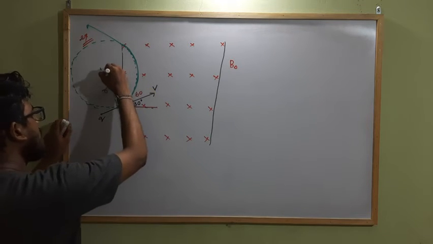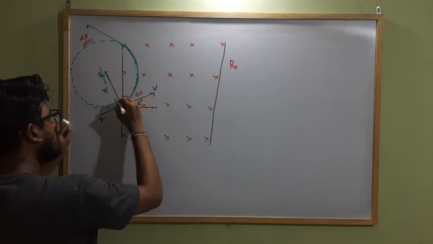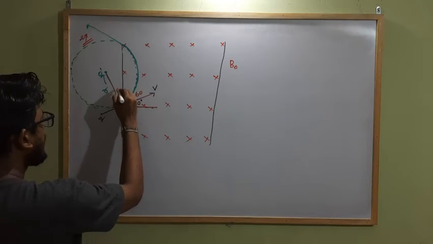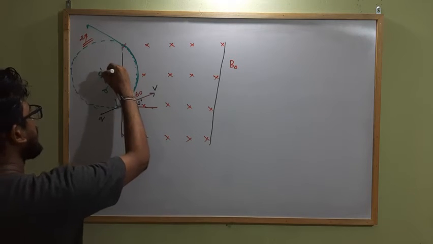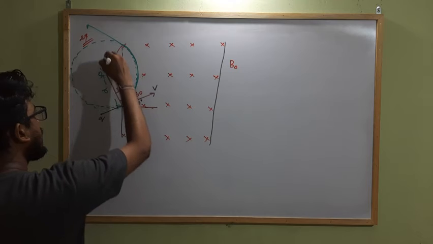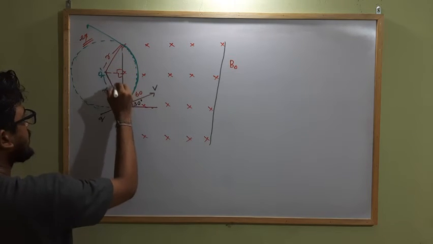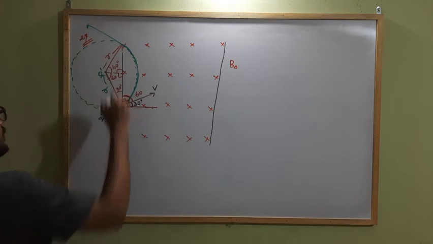And again, as the radius r is perpendicular to the direction of velocity, this angle again will be 90. If this much angle is 60, then this much angle will be 30. And I am drawing a perpendicular like this, up to this end. This is r, so this length is also r. This angle is 90. If this is 30, this will be 60. Similarly, this angle again will be 60.